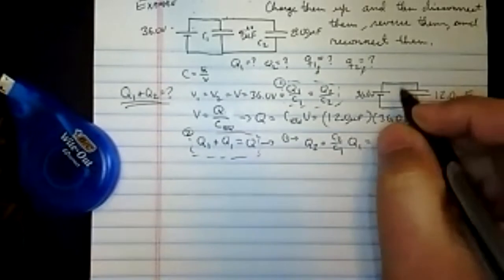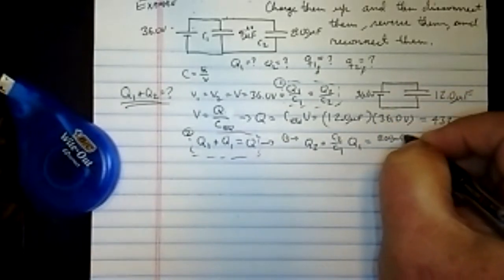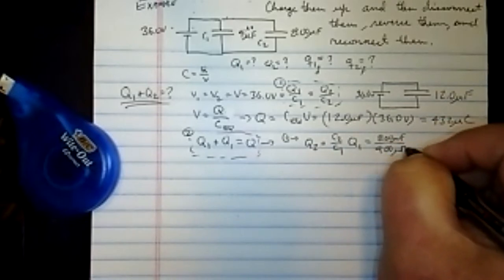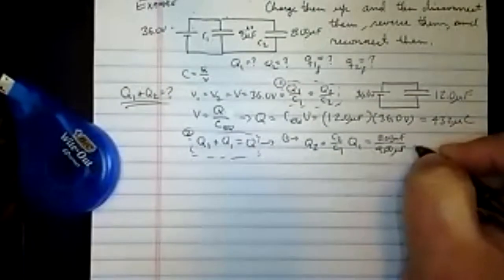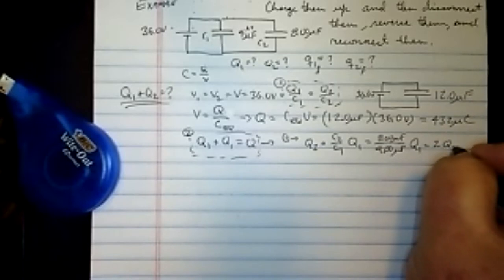Well, C2, we called 8 microfarads, and C1, we called 4.00 microfarads, and that's times Q1. So we see that Q2 is actually going to be equal to 2 times Q1.